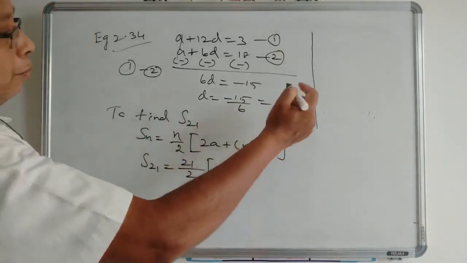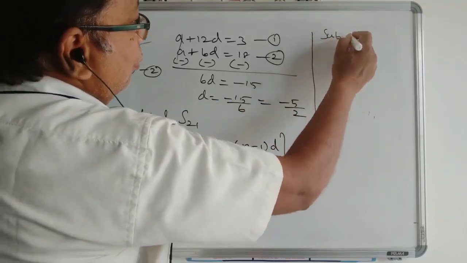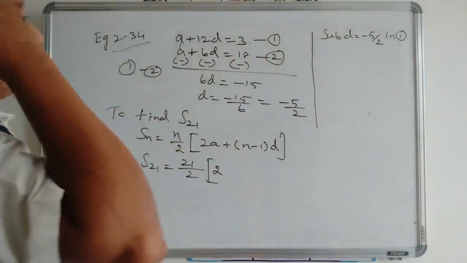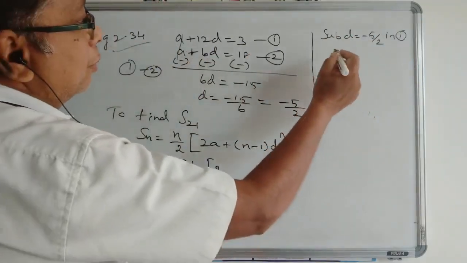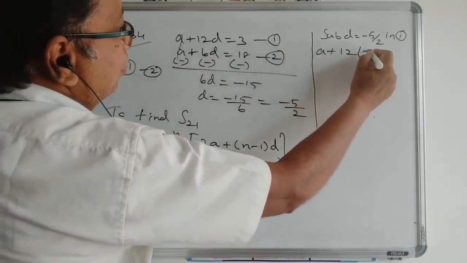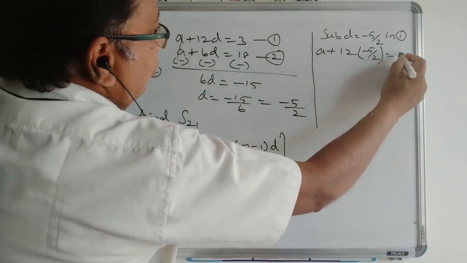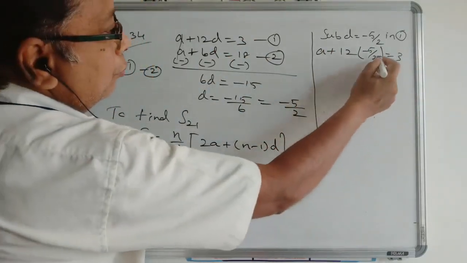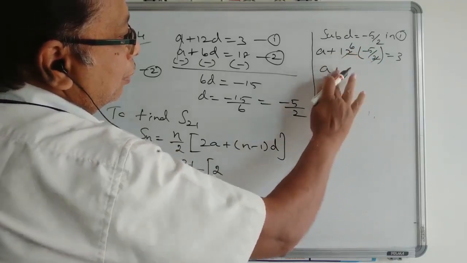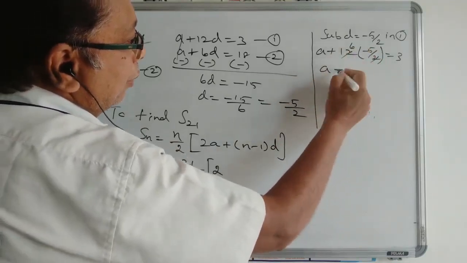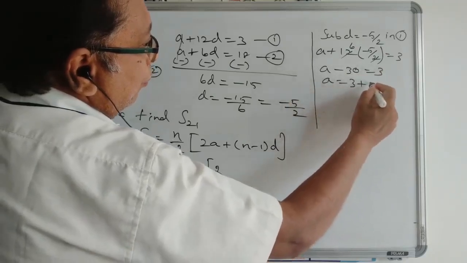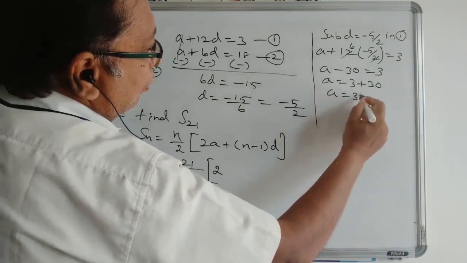You take the d value minus 5 by 2 and substitute in the first equation. The first equation is a plus 12 into minus 5 by 2 equals 3. 2 divides 12 six times, therefore a minus 30 equals 3. Therefore a equals 3 plus 30, a equals 33.